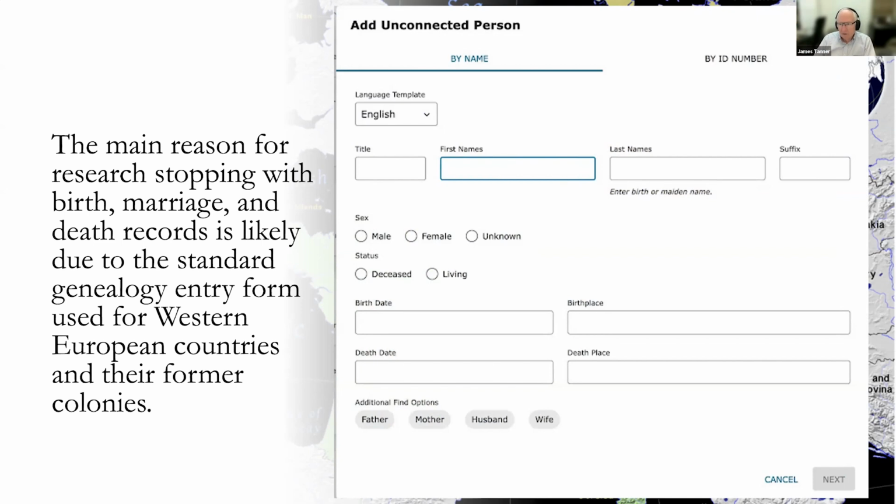And if you realize that more information is necessary, it becomes difficult to add in that additional information. But as time has gone on, there are more and more efforts to add additional options for putting in various types of information.